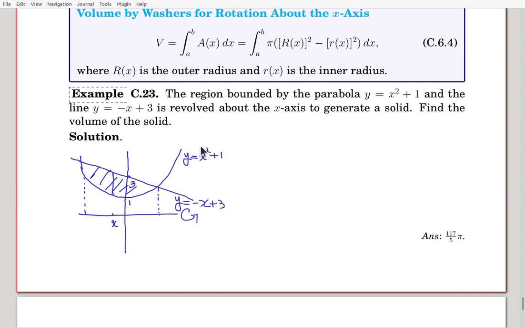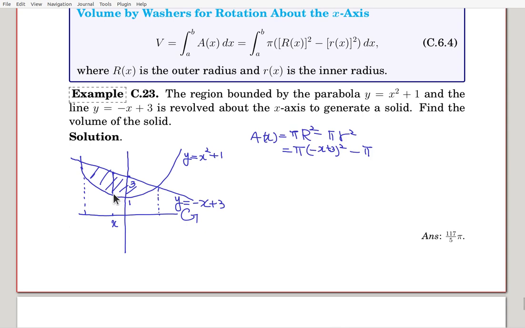So the washer area A(x) must be pi capital R squared minus pi small r squared. What is capital R? That is this one. The height is along minus x plus 3, so (minus x plus 3) squared, and minus pi.